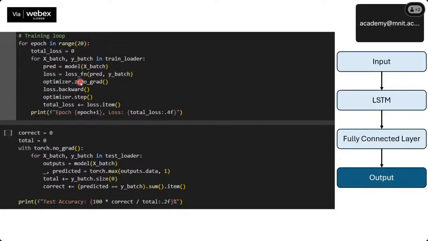Then immediately we say, okay, make all the gradients zero for now, because if you don't do this, the gradients are going to be accumulated, which will cause a problem during your training and give faulty results.